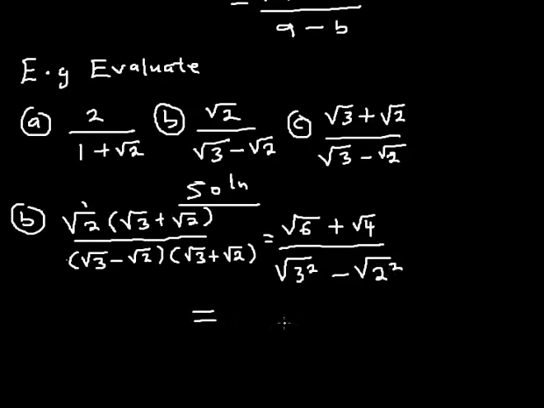So it's going to be square root of 6. The square root of 4 is 2. 3 square is 9. The square root of 9 is 3. Then the square root of 4 is 2. So 3 minus 2, that's 1. 1 divided by root 6 plus 2 will still give me root 6 plus 2.